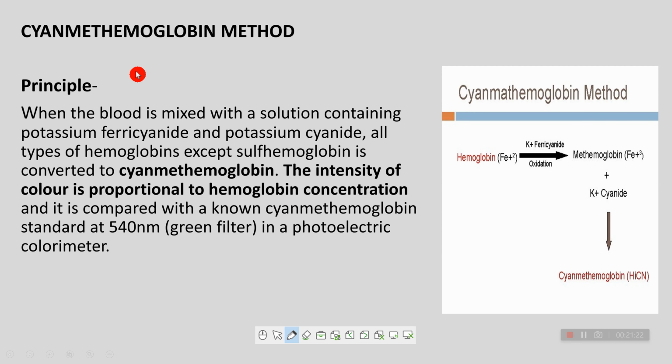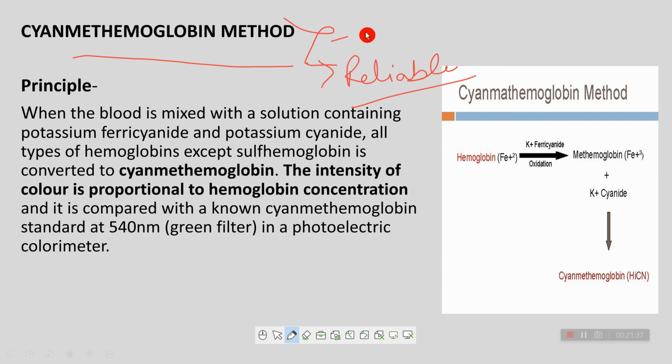Moving on. The next method for determination of hemoglobin is the cyanmethemoglobin method. This is a more reliable method for hemoglobin determination, and labs generally use this method.